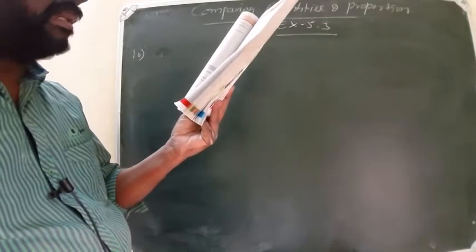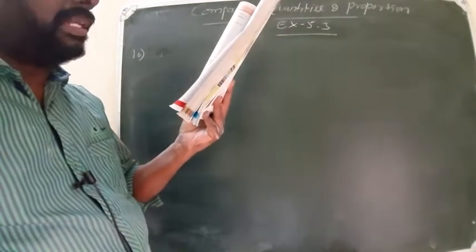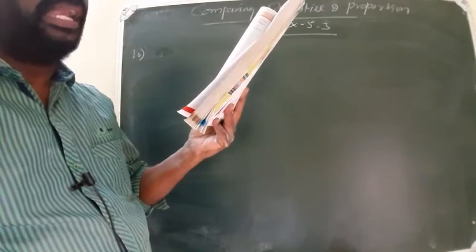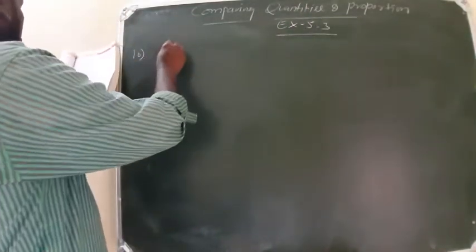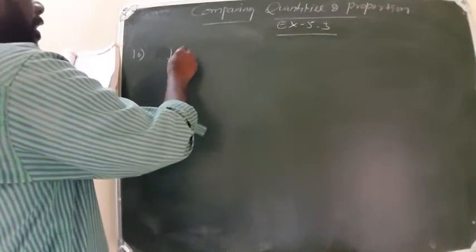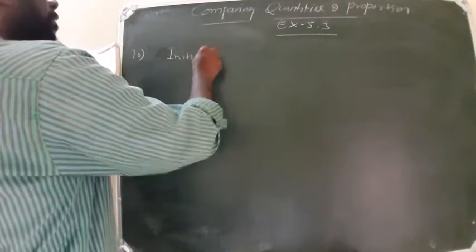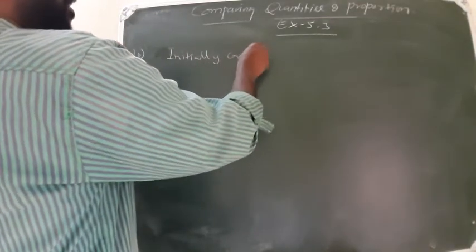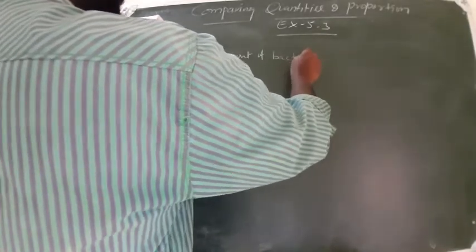Find the bacteria at the end of 2 hours if the count was initially 5 lakhs 6,000. So here the initial count of bacteria, we can take this as our principal, that is 5 lakhs 6,000.